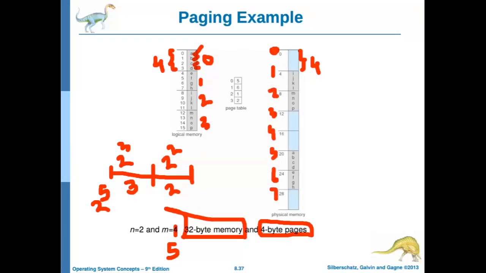Okay. Now ABCD is stored somewhere at the 5th, actually 6th, because numbering starts with 0. So this is at the 5th frame, and that entry is made here. Now the next one is EFGH, which is just below there.